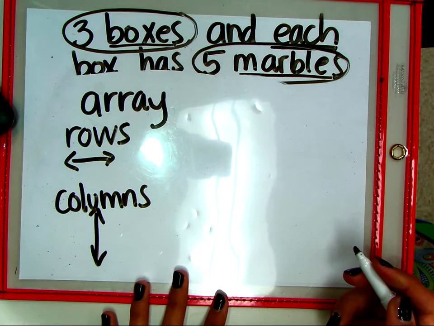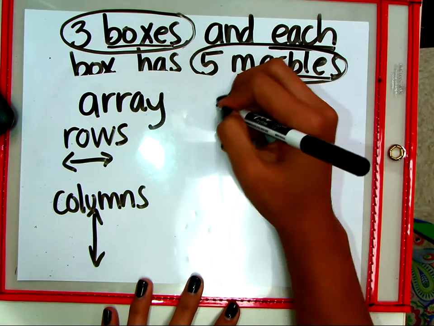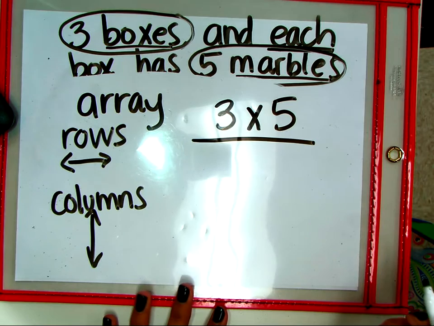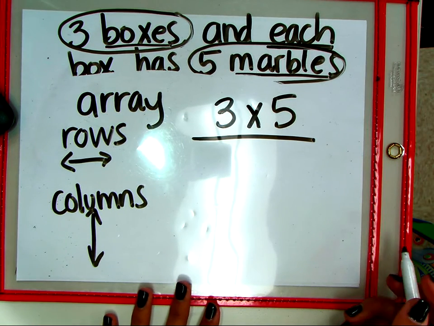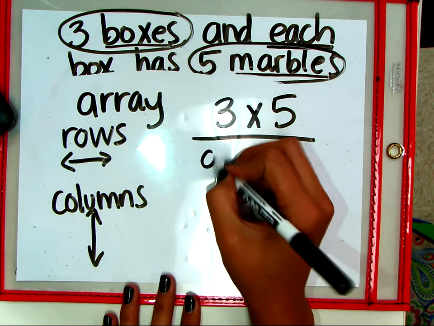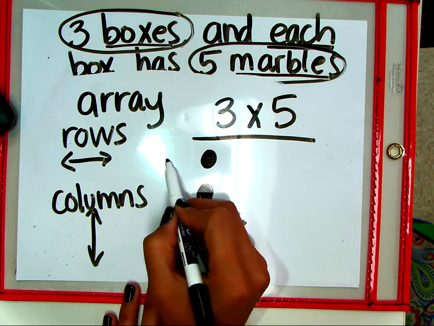But for every array, there are, in fact, 2 multiplication sentences. But if I was just going to draw 1, 3 times 5, I would first set up my 3 rows or my 3 groups. So I would say here's 1 group, 2 groups, 3 groups. These are my 3 rows.